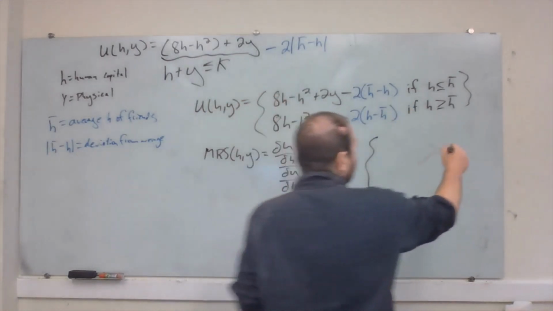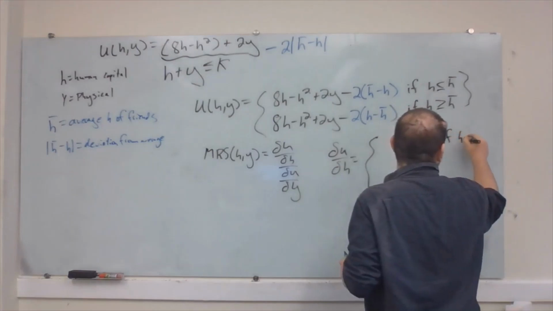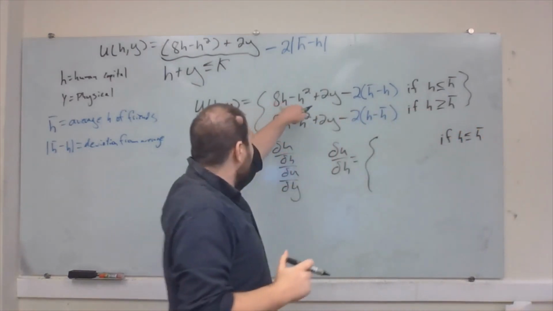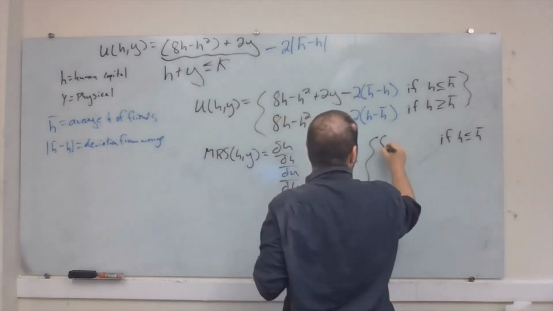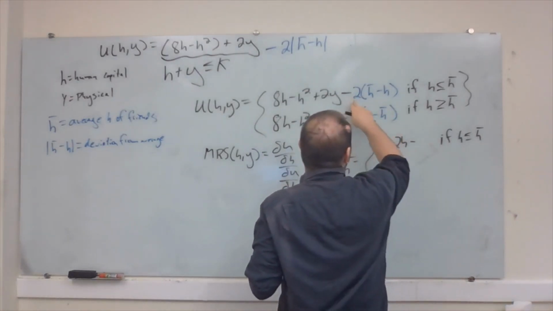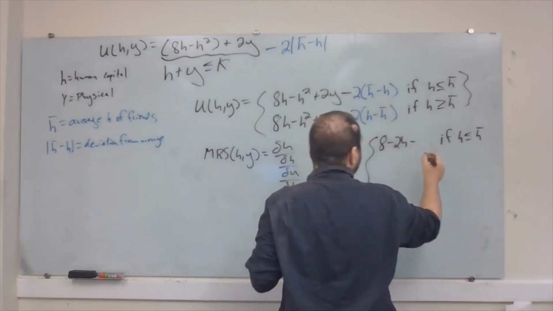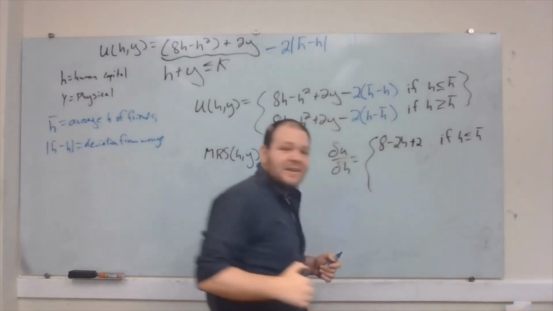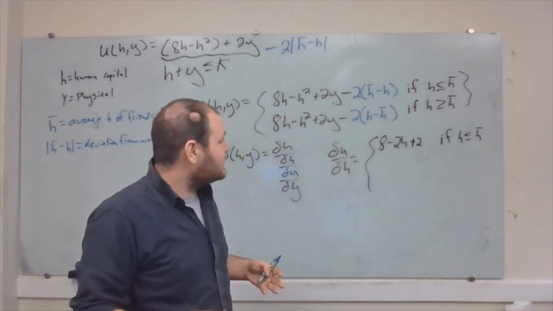So what's du dh going to be if h is less than or equal to h bar? In that case, it's going to be the derivative of this thing, so it'll be 8 minus 2h minus the derivative of negative 2 times negative h, which is going to be positive 2, exactly as it was before when we were trying to be prestigious.